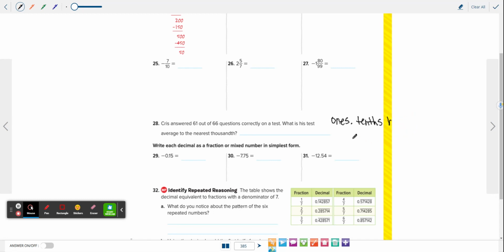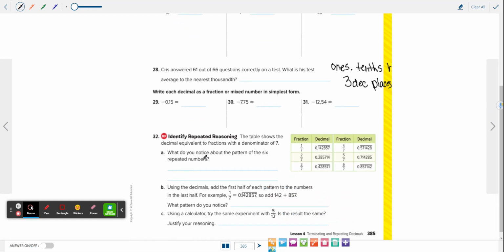So 1, 2, 3 decimal places would be the thousandths. And to find 61 out of 66, write that as a fraction and then turn it into a decimal. Okay. And then write each decimal as a fraction.